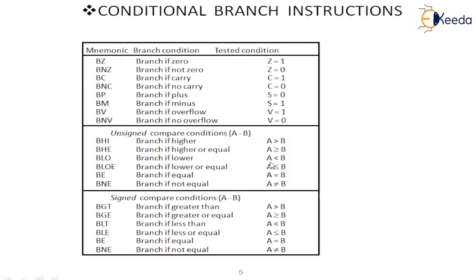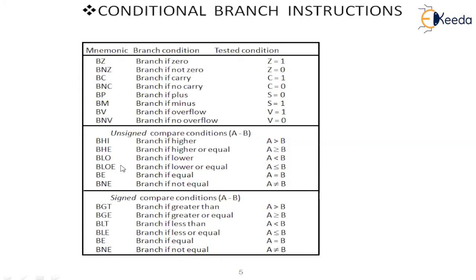Branch if lower. If A is less than B, then we are going to take a branch to 450. Otherwise, we'll just execute the 22nd instruction. Branch if lower or equal, we take a branch to 450 if A is less than or equal to B. Similarly, if A is equal to B, we are going to take a branch. If A is not equal to B, we are going to take a branch.